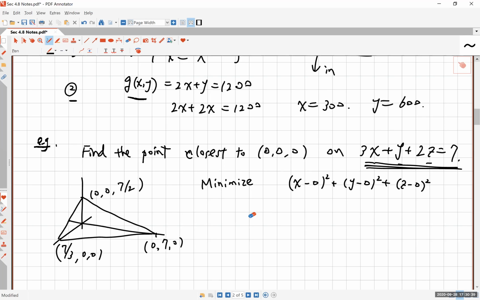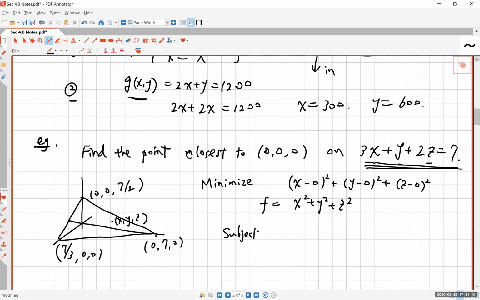Okay, so we are trying to minimize this. Let's call this f, which is the function x squared plus y squared plus z squared. That is the square of the distance between any point x, y, z and the origin 0, 0, 0. That's what we're trying to minimize.